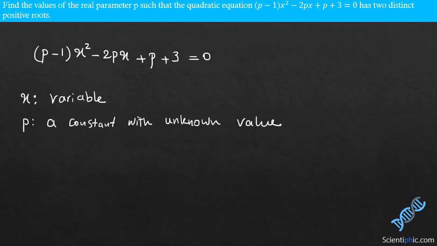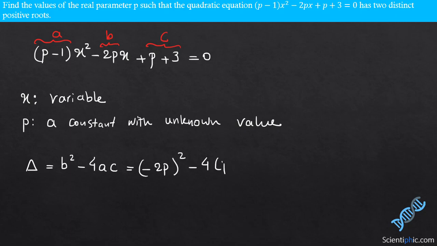And as you know, for the discriminant we call this part a, this part b, and this part c, and the discriminant is b squared minus 4ac, so it's gonna be (minus 2p) squared minus 4 times (p minus 1) times (p plus 3). We are gonna simplify this.